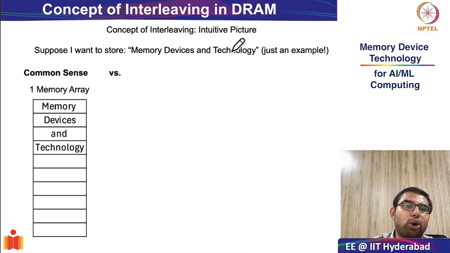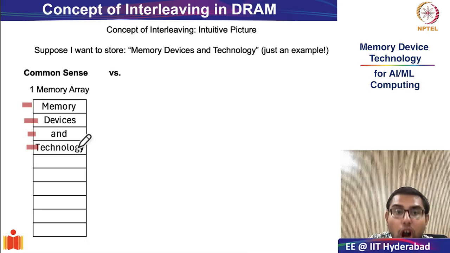A common sense approach would be to take just one of these memory arrays, which we have shown in the previous slide, and store them one by one. Because this is contiguous data, Memory, Devices and Technology appear together, you have them stored at different memory locations in the same array. This is what common sense would suggest.